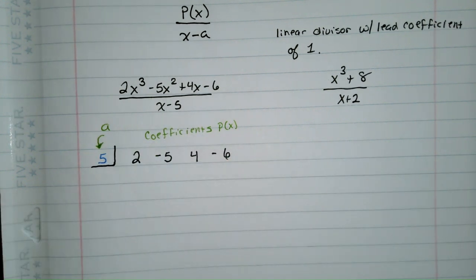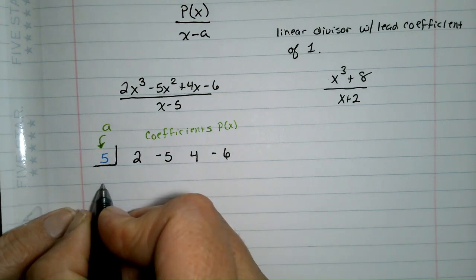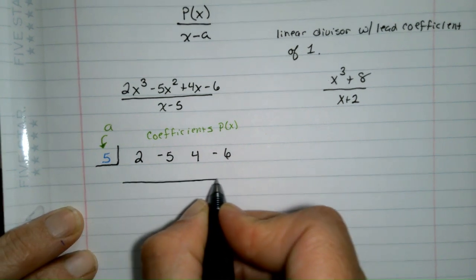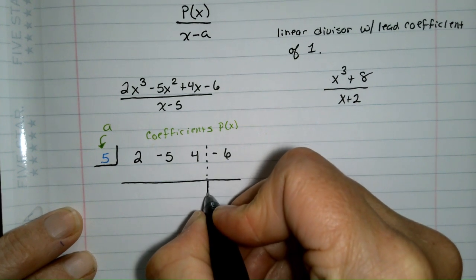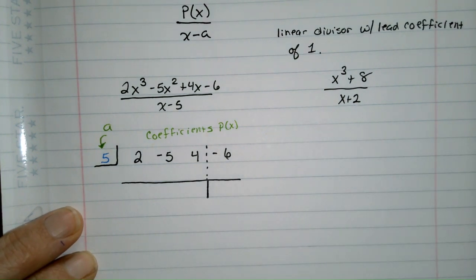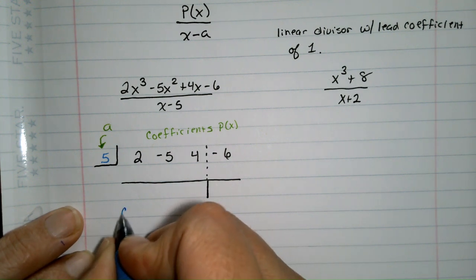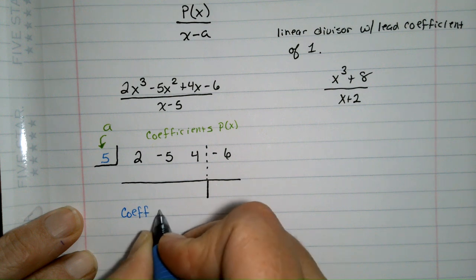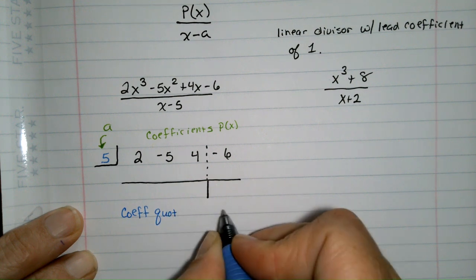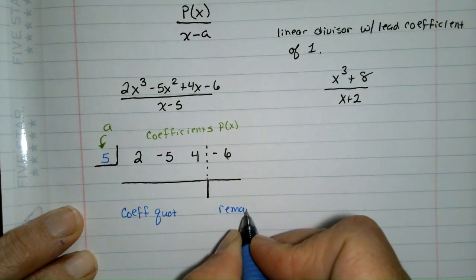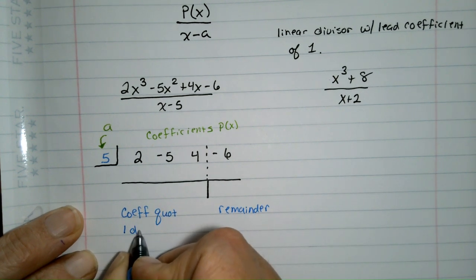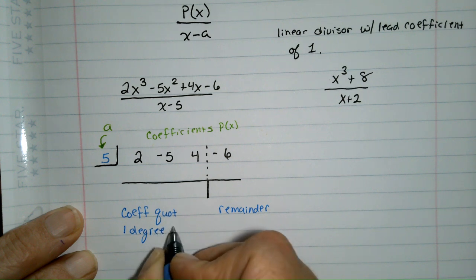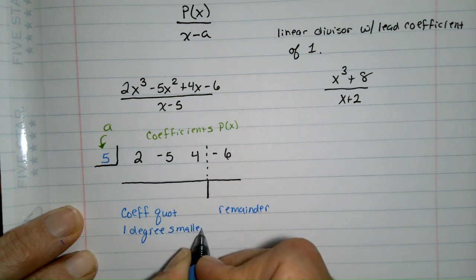Okay, you'll leave a work line. You'll draw a line, and then this part here will be your coefficients of your quotient, and over here it'll be your remainder. And your coefficient will be 1 degree smaller than you started.